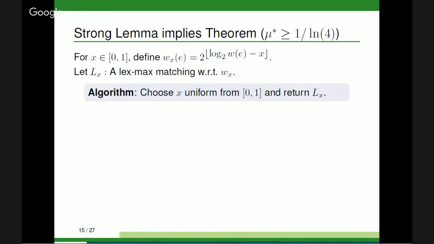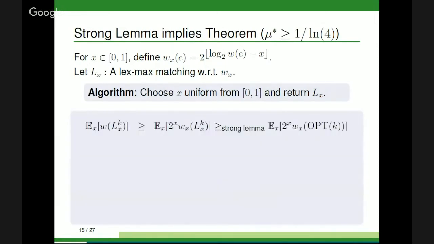It's only a little bit of algebra, so you don't have to follow all these details. Let me tell you essentially how we prove it. Fix a number k. What's the expected weight of the matching that they return? Well, the expected weight depends on this number x. The original weight is related to this modified weight: you can show that the original weight is at least the modified weight times 2 to the x.